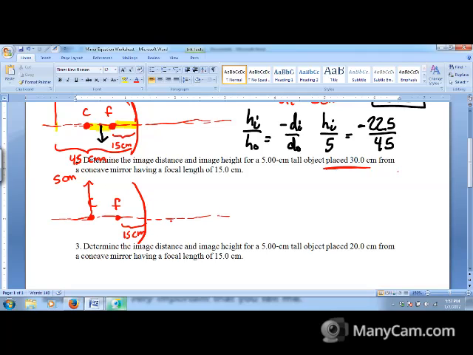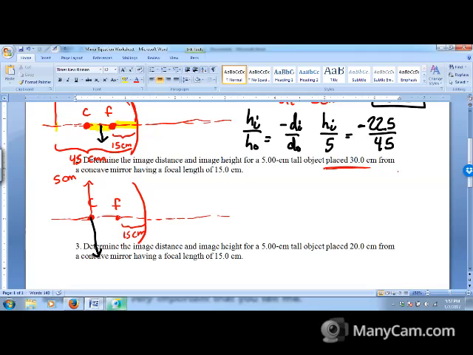I'm not going to bother doing the calculation, because there's no point. From the last video, I told you that if the object is right on the center of curvature, A, the image is going to be the exact same height, just inverted, and B, it's going to be located at the center. So the image is going to look like this. If you actually did the calculation, you'd come up with 30 centimeters, but is it a positive 30 or a negative 30?